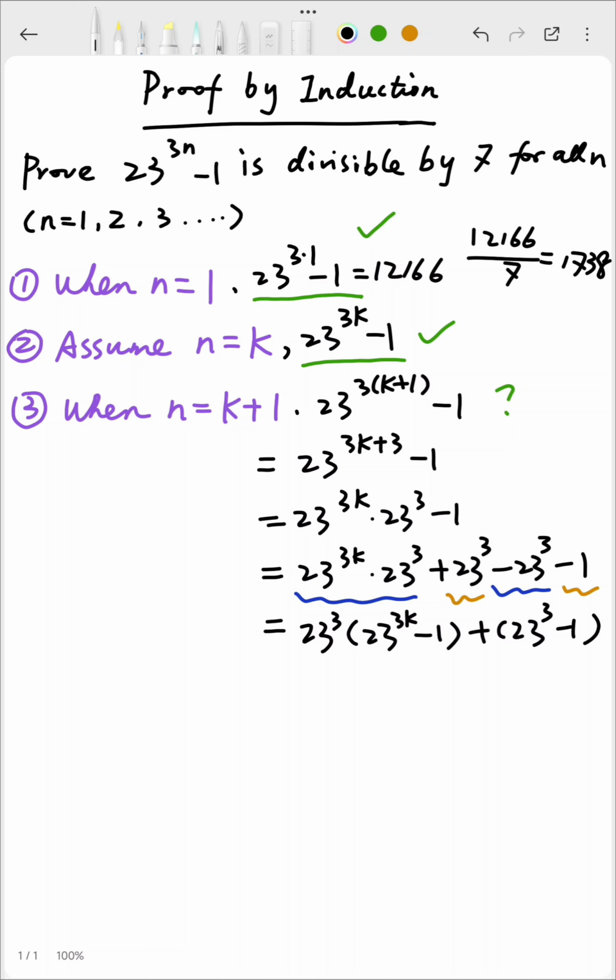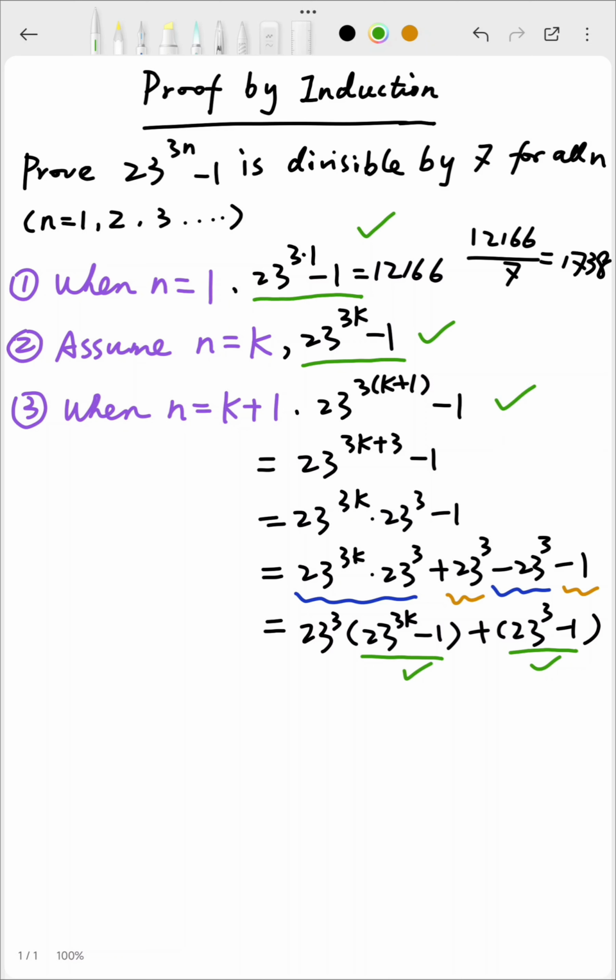Okay. So just reorganize these terms, and as you can see, for this expression, we have assumed it is divisible by 7, and for this one, we have proved in step 1, it's also divisible by 7. And this makes the whole expression divisible by 7. That means I can get rid of this question mark and put a tick right next to it.